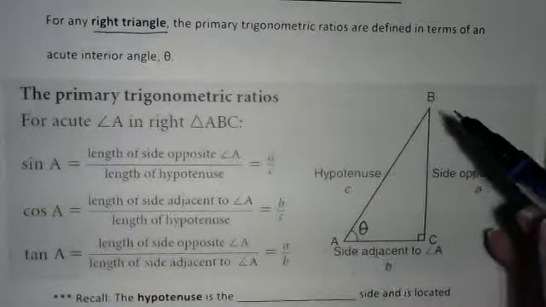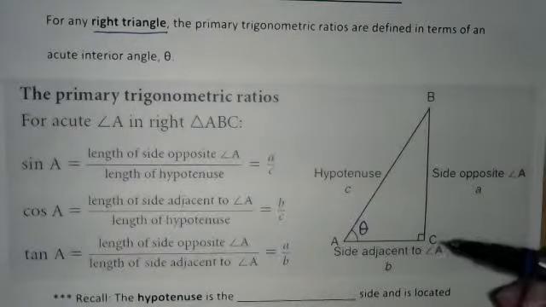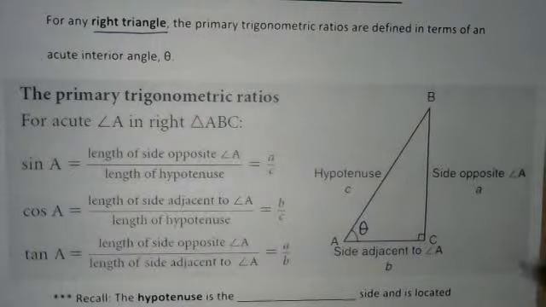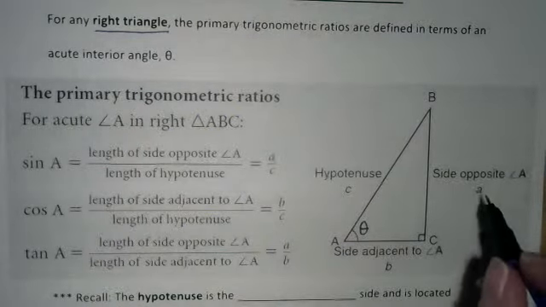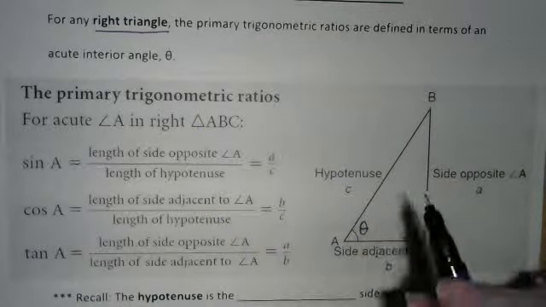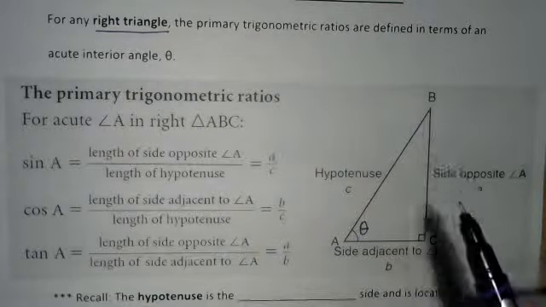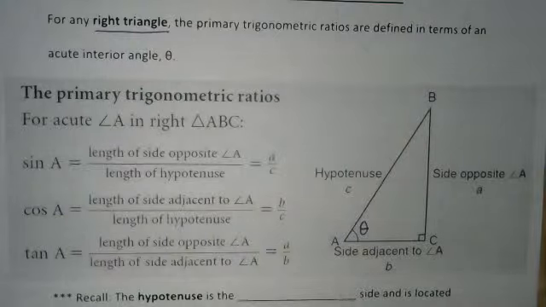So this is A, capital B, and capital C. And we usually mark the sides across from those angles with the smaller case letter. Okay, little a goes across from big A, little b goes across from big B, and little c goes across from big C.